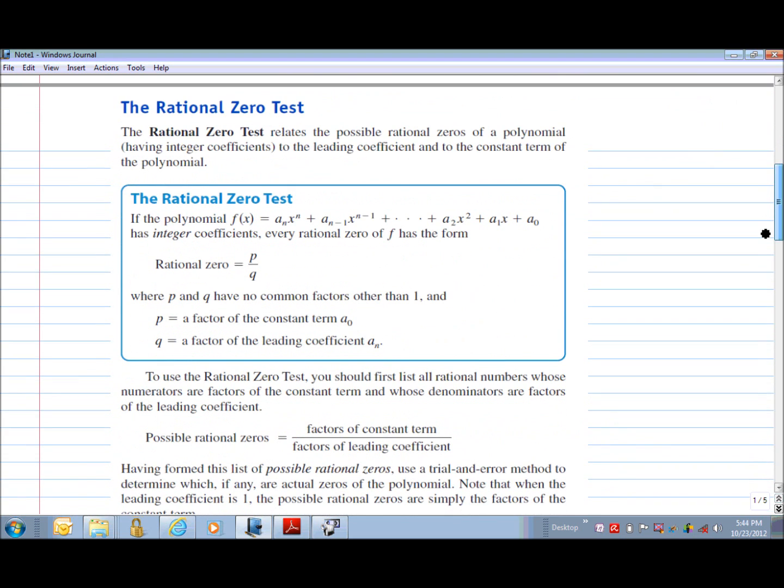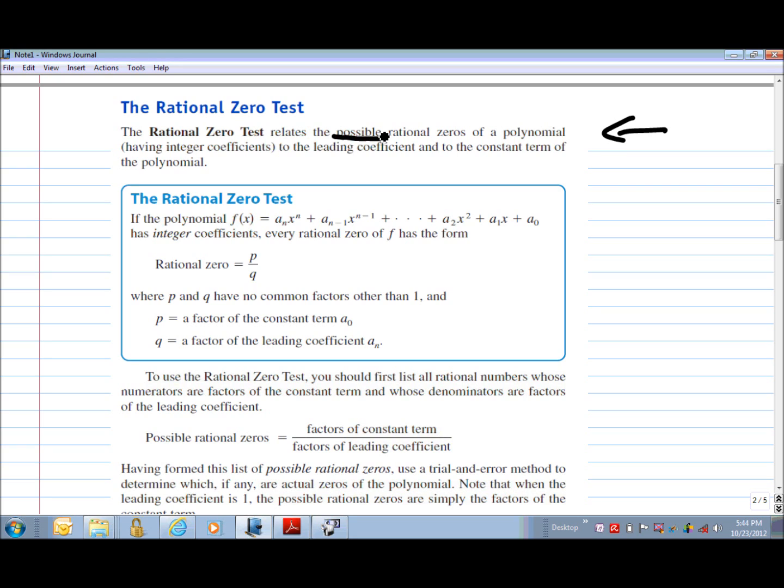Rational zero test. This is really, really important, and I think that most of you might have done this last year in Algebra 2. The rational zero test, I'm reading right here, and we're just going to read this together, and then we've got some examples to go over. The rational zero test relates the possible rational zeros, and that word possible is really an important word, of a polynomial having integer coefficients to the leading coefficient and to the constant term of the polynomial.